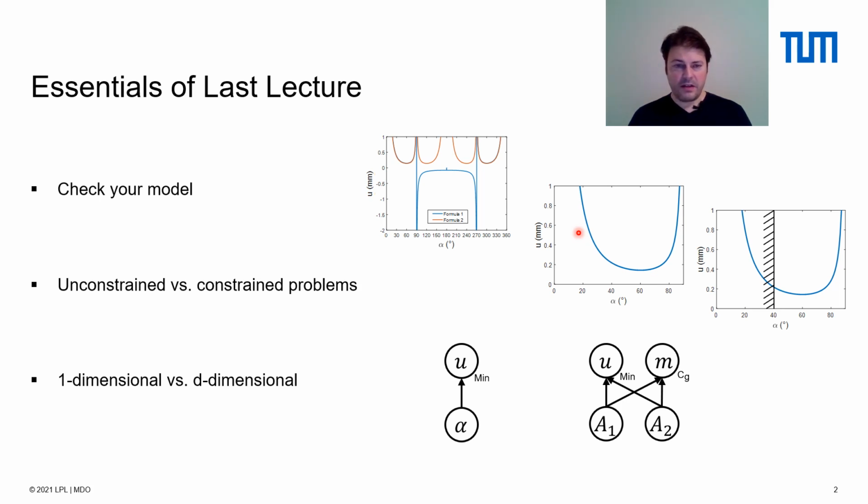We started with the fundamentals of optimization, looking at simple one-dimensional problems with one design variable and one objective function, and then made the step to a two-dimensional input space and an objective function and a constraint function. So a two-dimensional output space, so to speak.